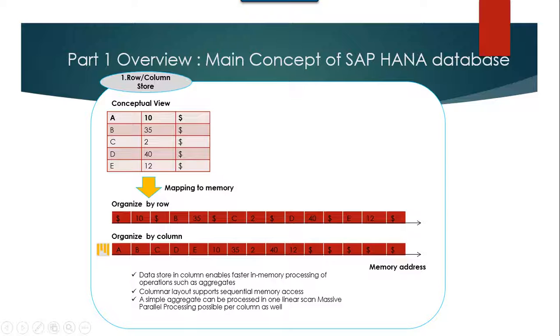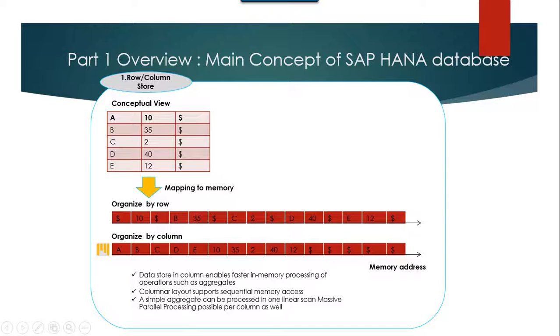If you see this table, it's mapped to memory like this. In row based storage, in each row it will be 10 and B, so it's row based. But in column storage, it goes like this: A, B, C, D, 10, 35, 2, 40, 12.